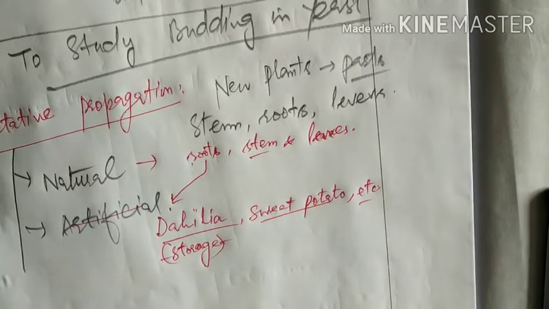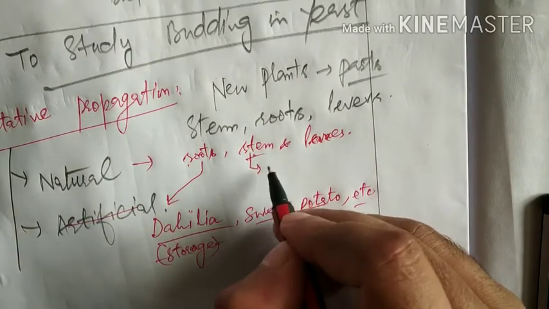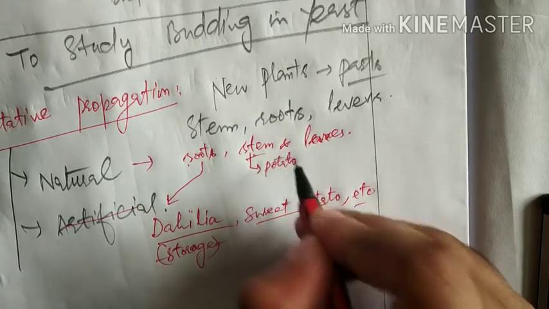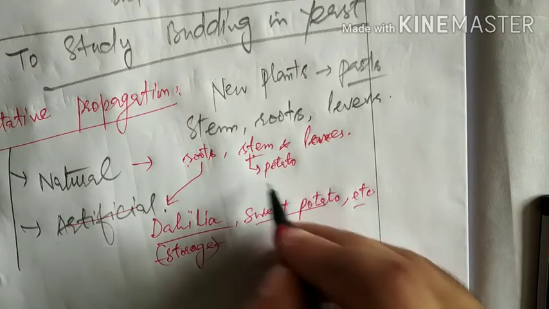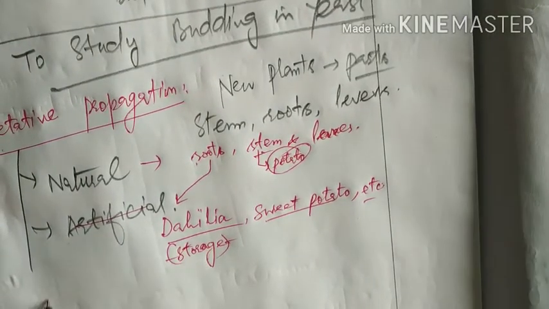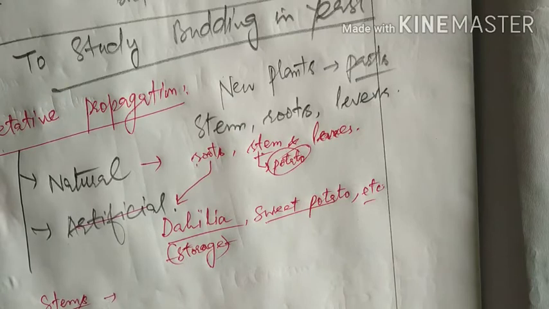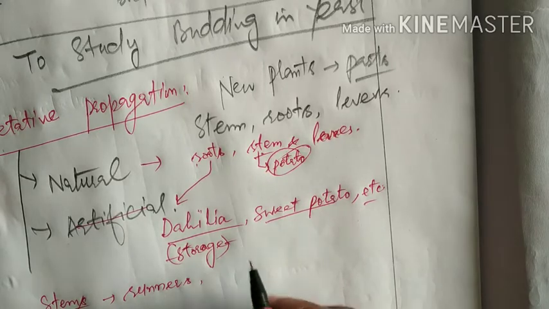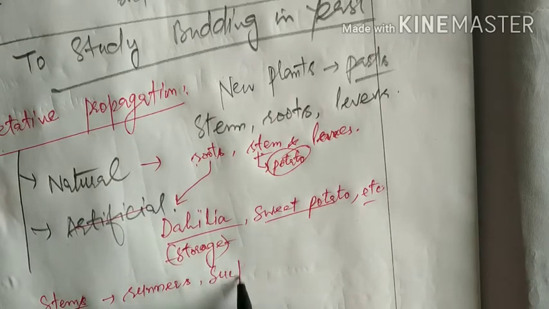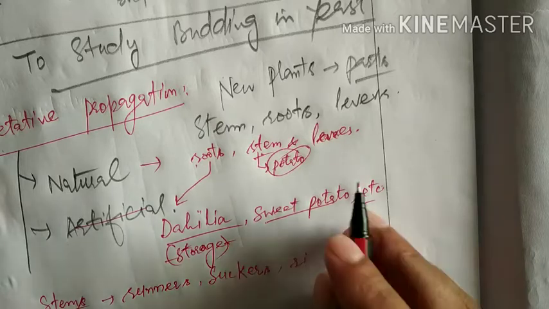Then vegetative propagation in the case of stems. If you want to study stems, the best example is potato. We have many types of stems, let us write them here, stems as vegetative propagules. For example, we can have runners, suckers, and underground ginger-like stems, they are called rhizomes.